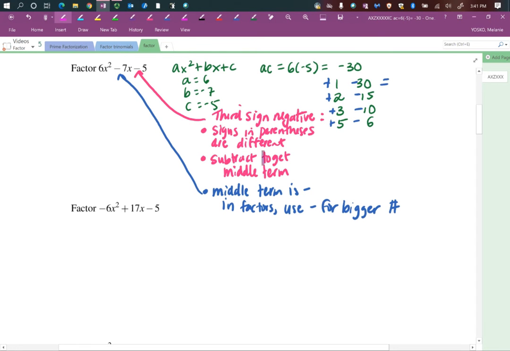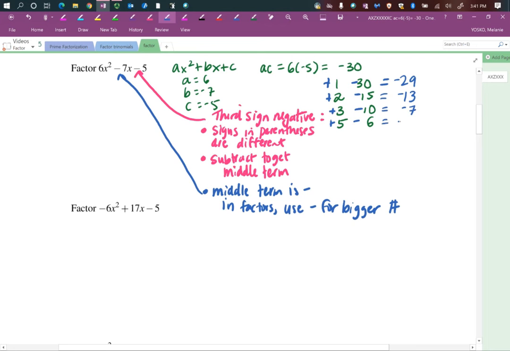Now this said we were going to subtract to get the middle term. But notice if I have two numbers and I'm combining them, one is positive, one is negative, I'm actually subtracting. So positive 1 minus 30, that's the same as 30 minus 1, and then use the sign of the 30. So this is negative 29. Negative 2 minus 15, that's the same as 15 minus 2, which is 13, and then use the negative sign. 3 minus 10, that's the same as 10 minus 3, and use the sign of the bigger one, which is negative, negative 7.